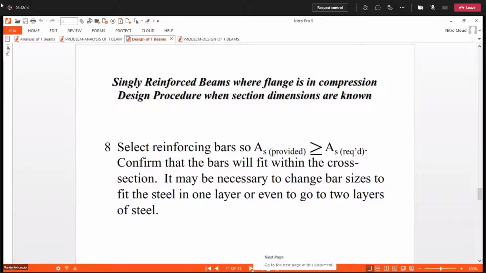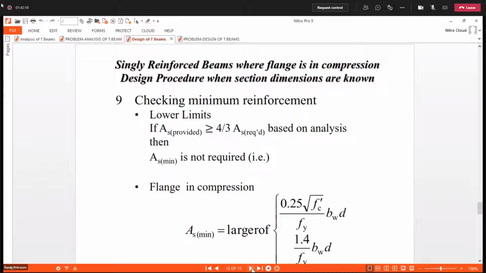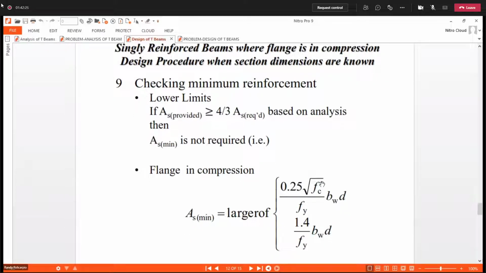Okay, so checking minimum reinforcement requirement. Ito yung As minimum. So this is your As minimum. As mentioned in our presentation in the analysis, if As provided is greater or equal to 4/3 As required, you don't need As minimum.